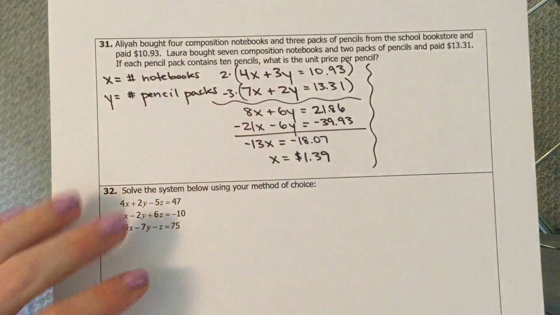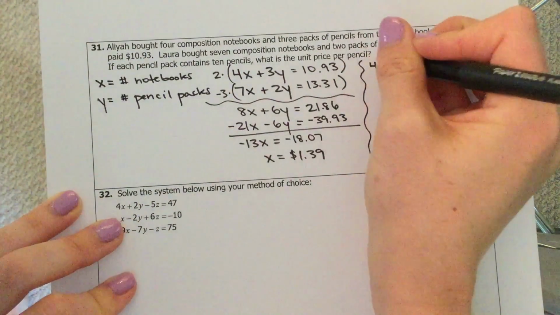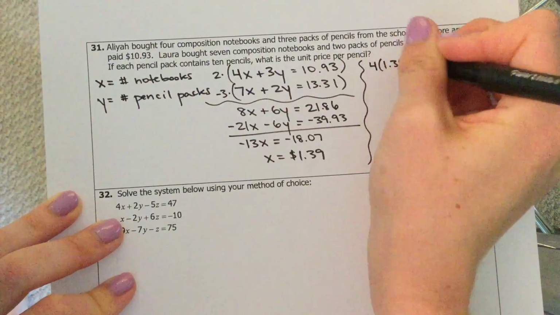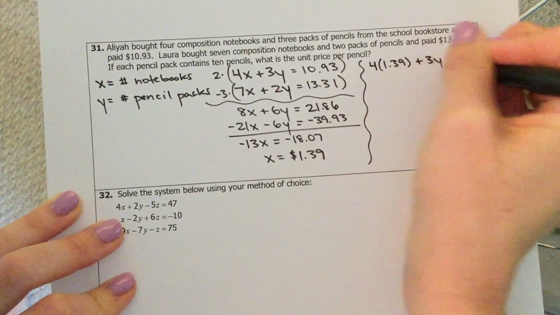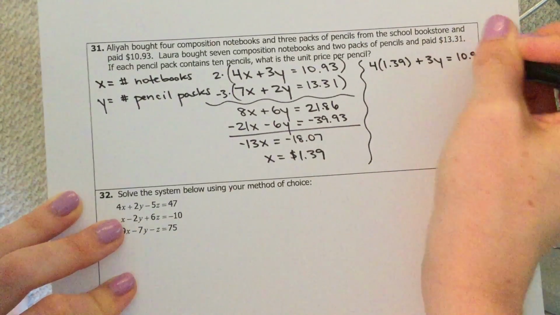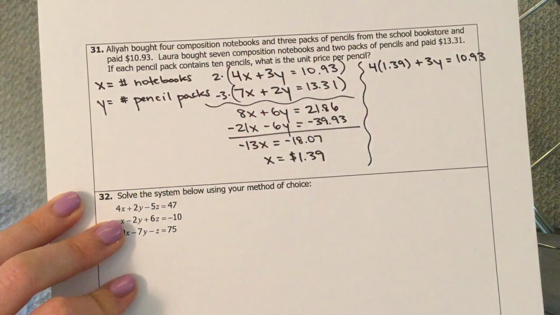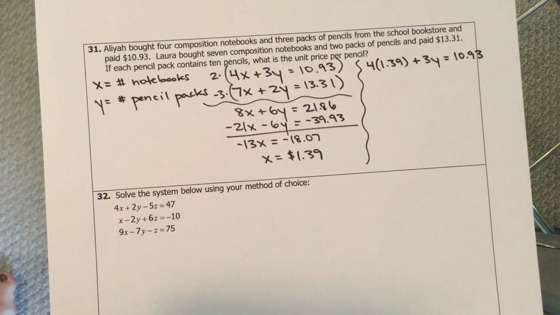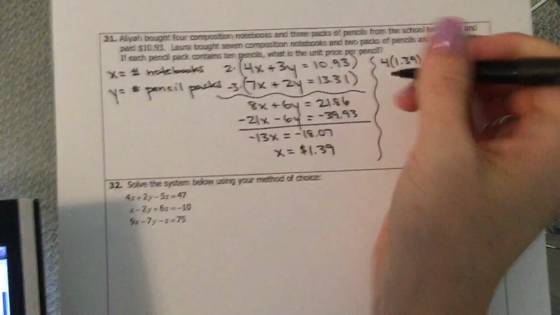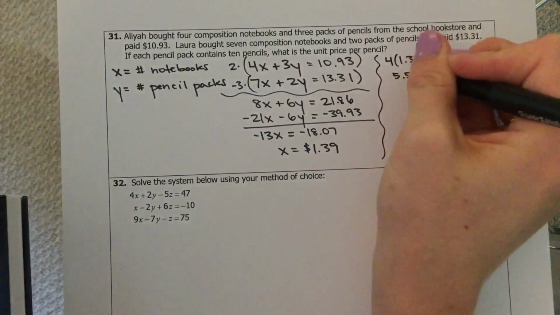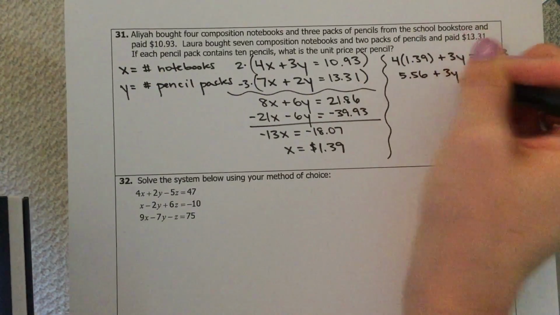So let's just say we go with the top one. 4x plus 3y is equal to $10.93. So 4 times $1.39 is $5.56.